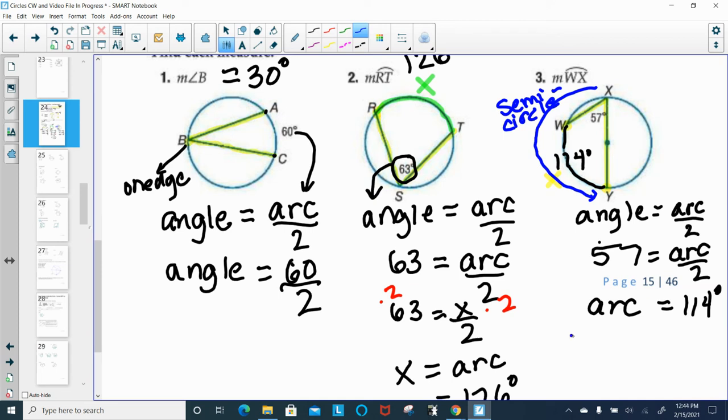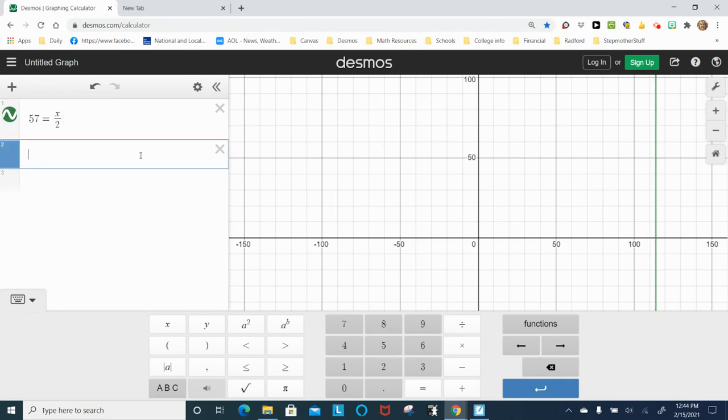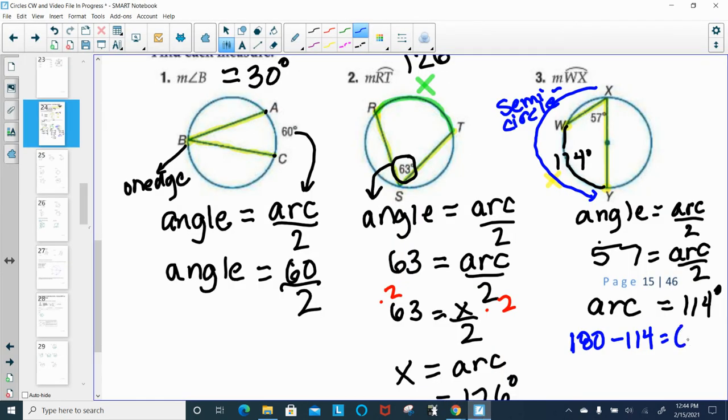So if I want to find arc WX, I'm going to subtract 114 from the 180. And again, you can do that in your Desmos calculator. You'll get 66 for that little piece. So sometimes there are 2 steps to these problems.